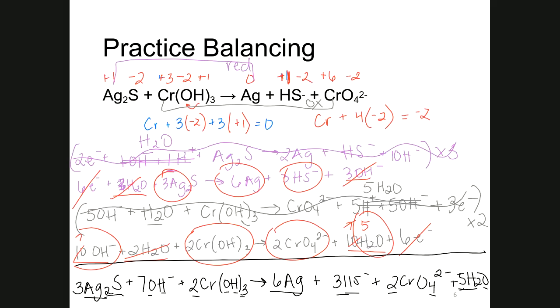Now, every equation that we do is not going to be as intense as these acidic and basic solutions. For most of what we're going to do in this chapter, it's going to be the pretty straightforward ones. But you do need to be familiar with how to do this balancing, and you should expect to see something like this on the exam and the homework.